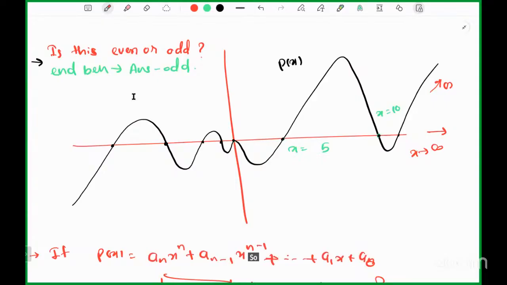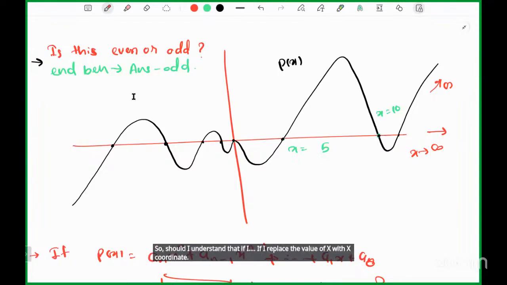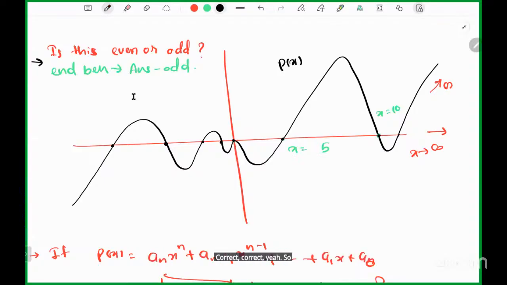So should I understand that if I replace x with the x coordinate, the answer I get should be equal to the y coordinate? Correct. If a polynomial is passing through the point a comma b, then if you substitute x equals a, you will get p of a equal to b, because that's how we draw any graph, right? That is what passing through a graph means.